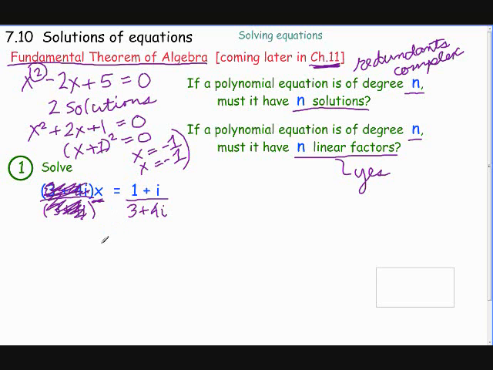So here's my answer. Oh, I don't like it too much, though. What do you suppose I don't like about it? That's right. We have an irrational denominator. Worse than irrational, actually. It's a complex number. How can we get that out of there?